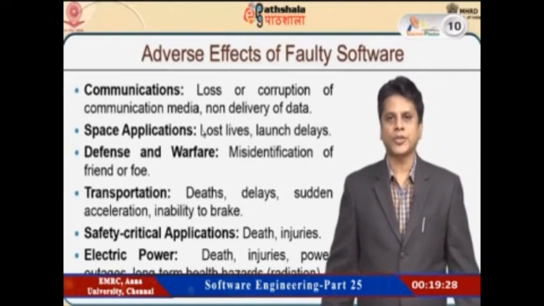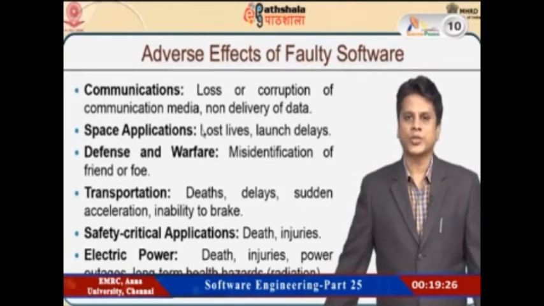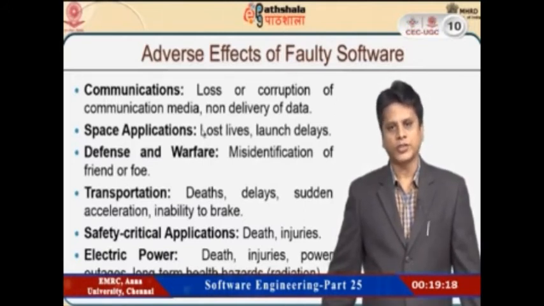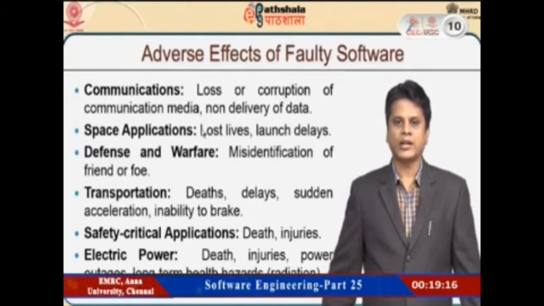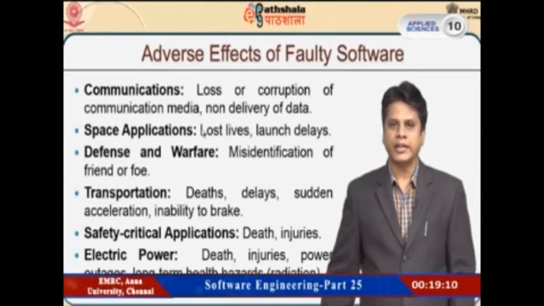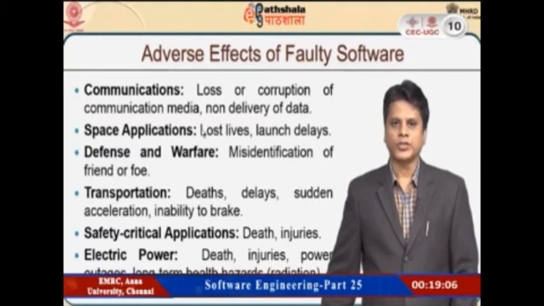We will see some examples of these faulty softwares which have cost more. And in safety critical applications, death and injuries are very common as part of faulty softwares. And with reference to electric power, again deaths, injuries, power outage, long-term health hazards like radiation might be caused as part of faulty softwares.